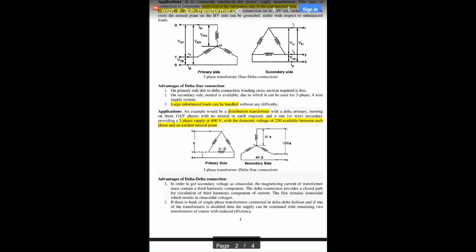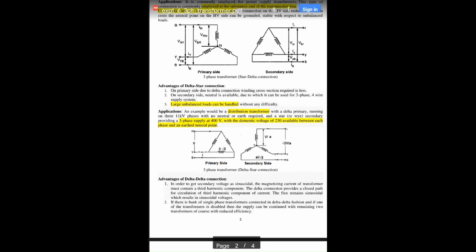So the distribution transformer of any big society is applicable, and different phases are given at different blocks, or even in the same house, different phases can be given. Okay, so that is given using this distribution transformer with the star connection in the secondary side.